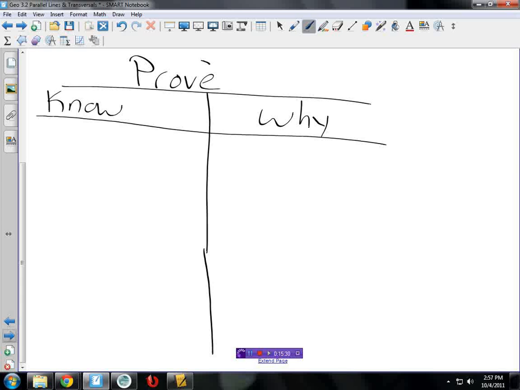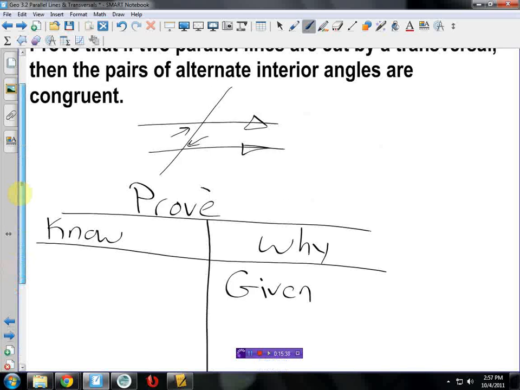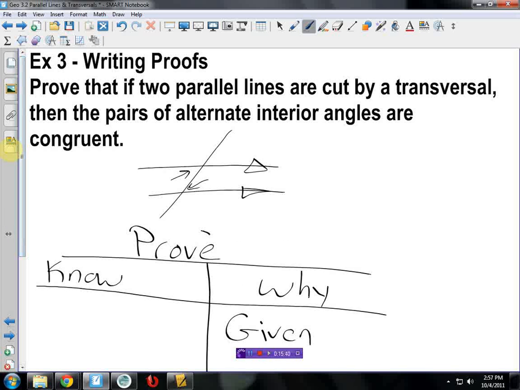These are called the given. That's the reason, okay? Whatever the story problem tells you. So if I look, what does the story problem tell me? Those are what they want us to prove. They want us to prove that those are congruent, but that's not what they gave us.